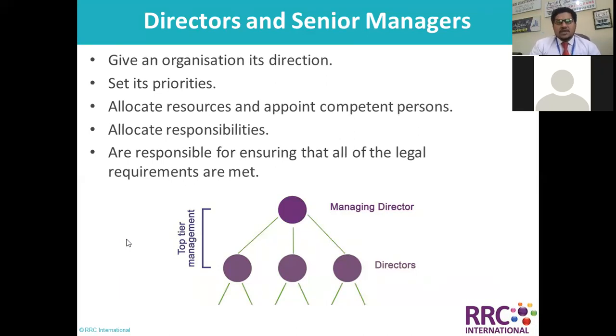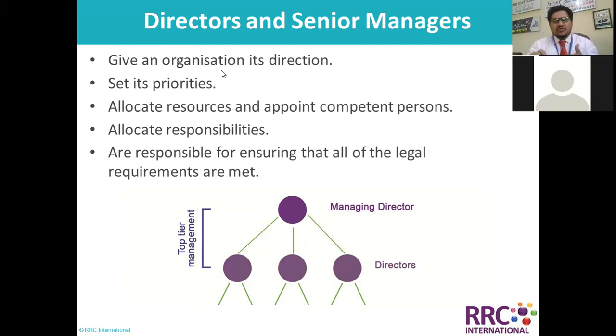The owner, that means the employer, and now we are talking about directors and senior managers. What are their responsibilities? First of all, give an organization its direction. That means they will make sure a safety policy is there, some safety objectives, some sort of safety manual is implemented. And most importantly, safety is a framework, a kind of direction. Because in the safety policy you are writing, we will ensure, Sadara will ensure zero injuries, zero harm to the environment, zero violation of the legal laws.